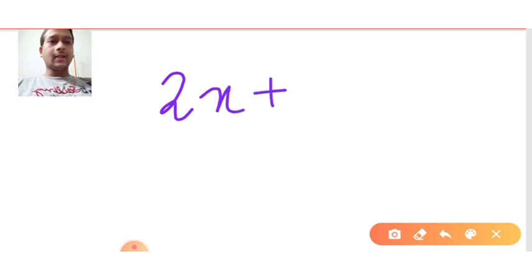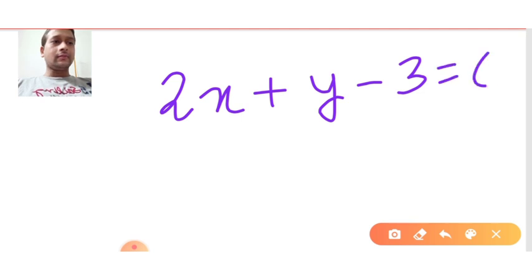Like you see, say 2x plus y minus 3 equal to 0. So it is in the form ax plus by plus c equal to 0.